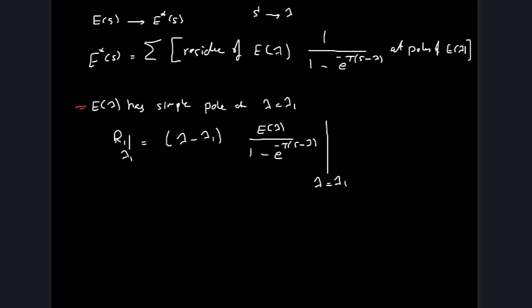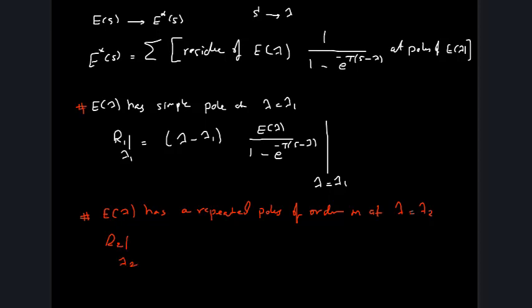Now, if E of lambda has a repeated root of order m at, let's say, lambda equal lambda 2, then here R2 evaluated at lambda 2 will equal 1 over m minus 1 factorial d m minus 1 by d lambda m minus 1.